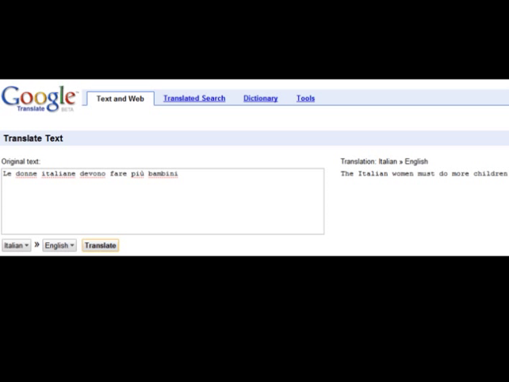Obviously the translation wasn't perfect, but the idea is that he would argue Italian women must have more children, because he sees this as a very big issue economically, having an old age dependency ratio that is very much out of whack, where you have so many old people and so few people working. So it's very interesting that the finance minister is saying something that's very much tied to demographics.